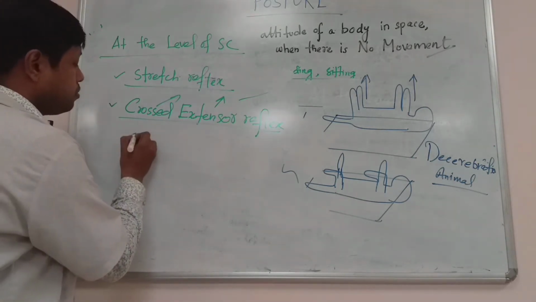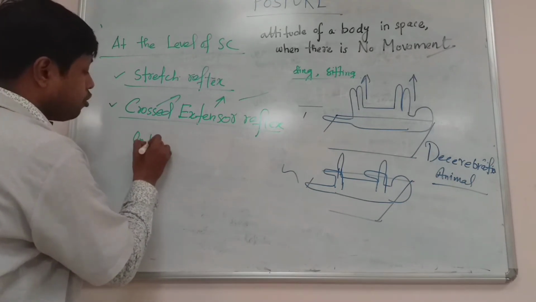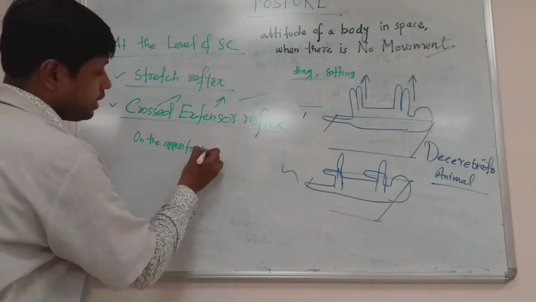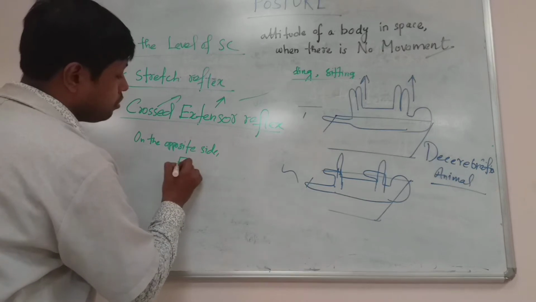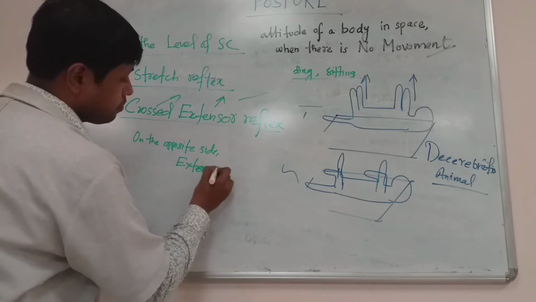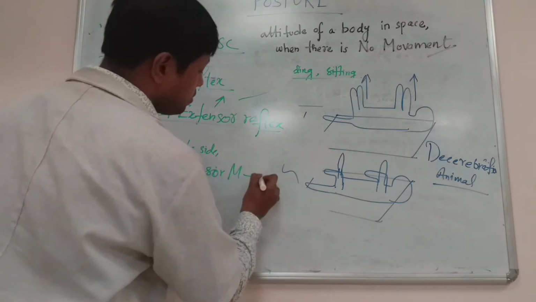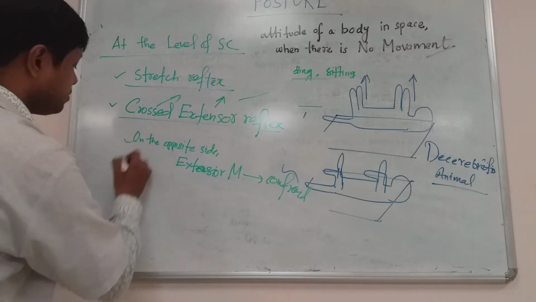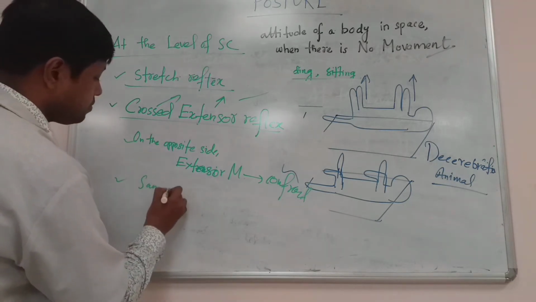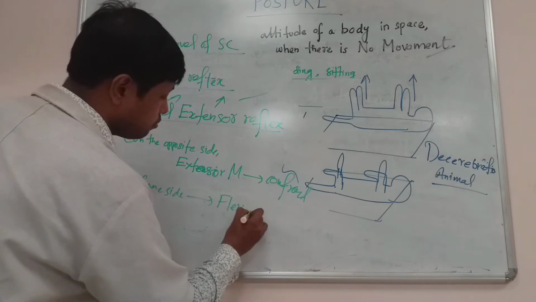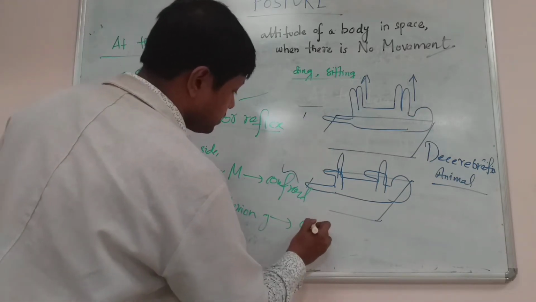It means on the opposite side, the extensor group of muscle will contract, whereas on the same side, the flexor group will be contracting.